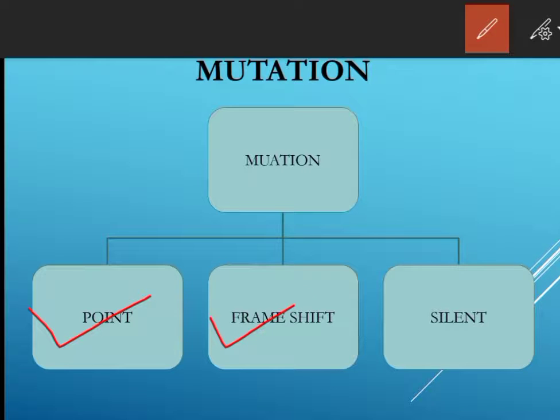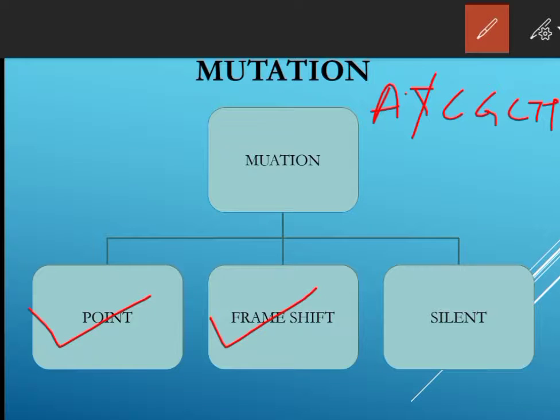The second one is the frame shift mutation. It is the change in the reading frame because of insertion or deletion of base pairs. Okay, there will be a change in the frame. Why? Because some of the base pairs are inserted or some of the base pairs are deleted. For example, let us take an example. This is the sequence A, T, C, G, C, T, T. Right?